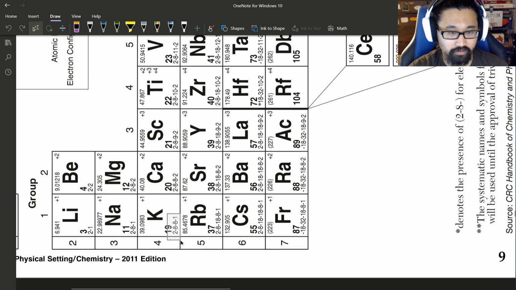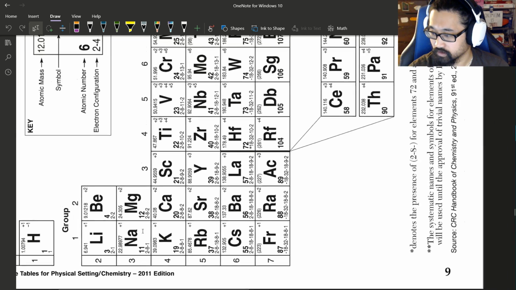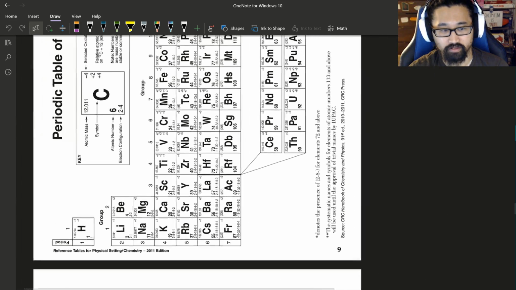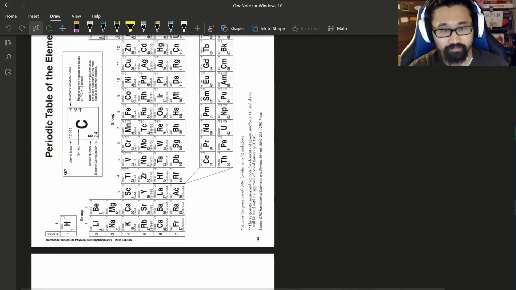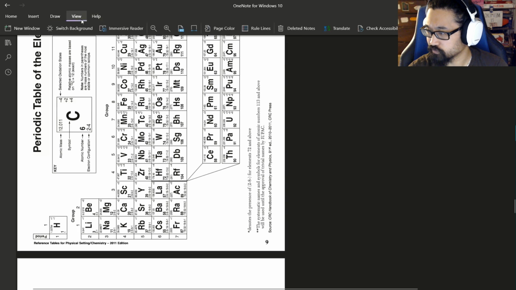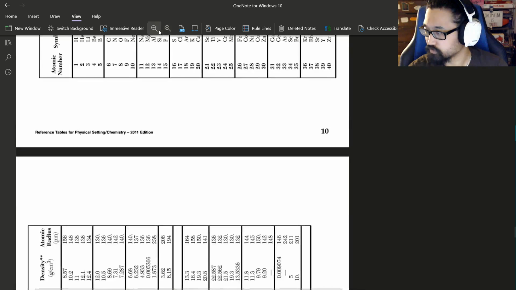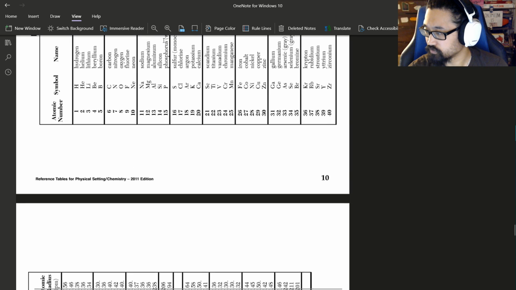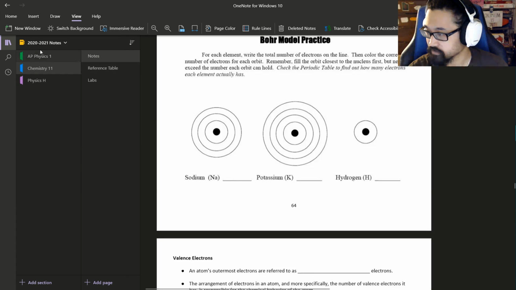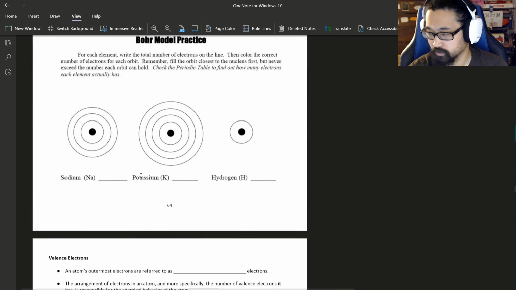Potassium is 2-8-8-1, and hydrogen has a configuration of just 1, right? And those are the 3 elements that we're looking at here.